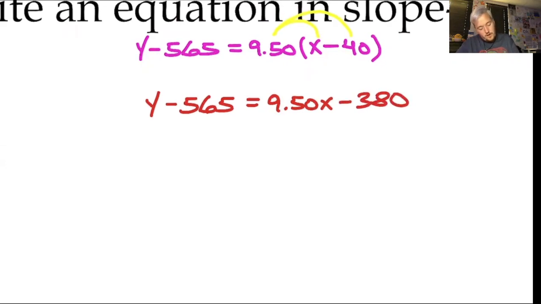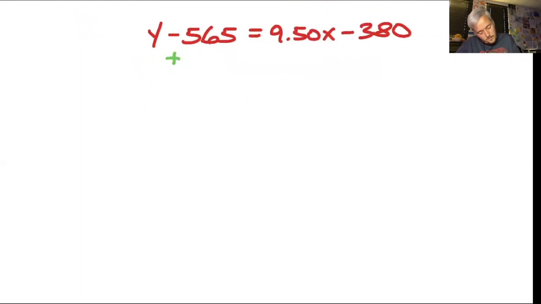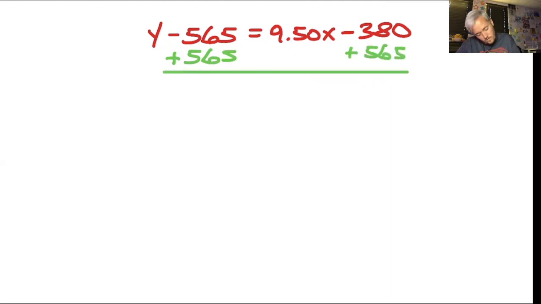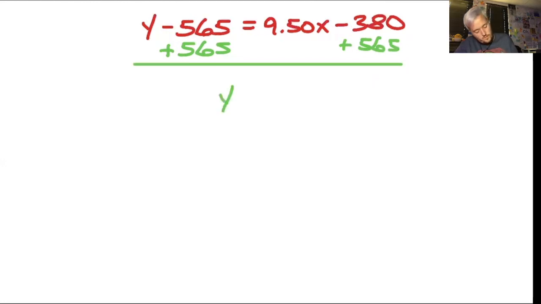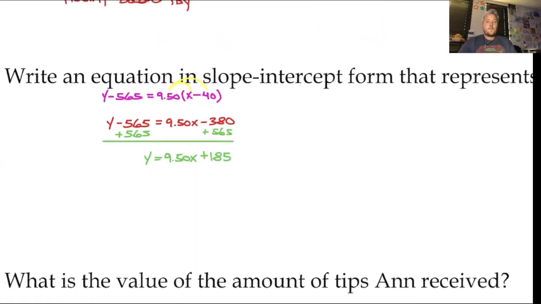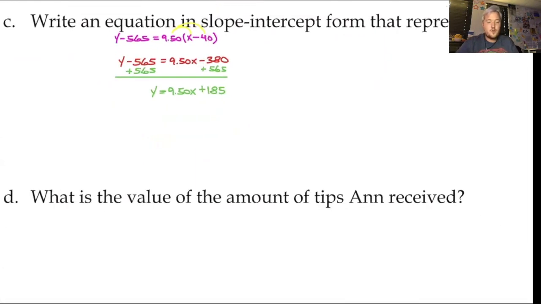All right, and now I'm going to add over the 565. And then she's going to have y equals 9.50x plus 185. All right, so that's our equation in slope-intercept form.